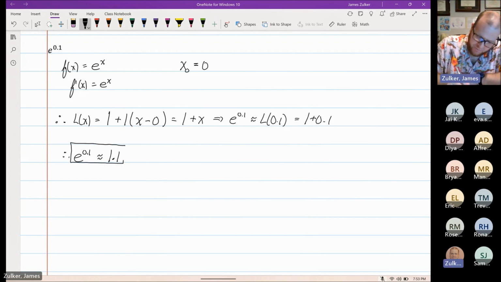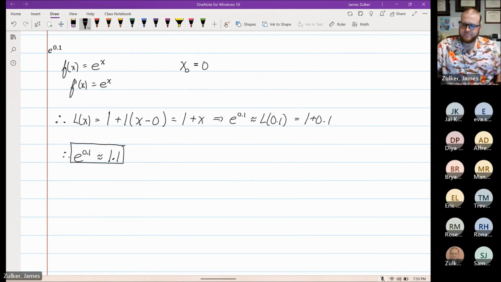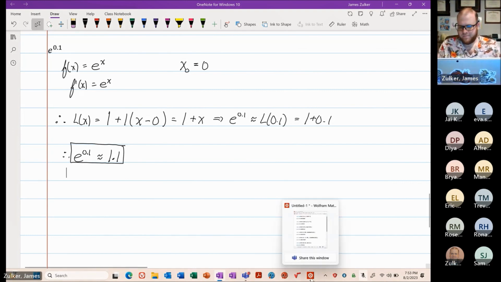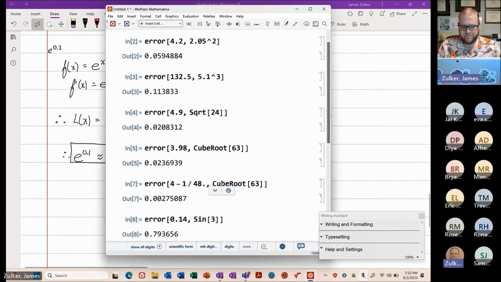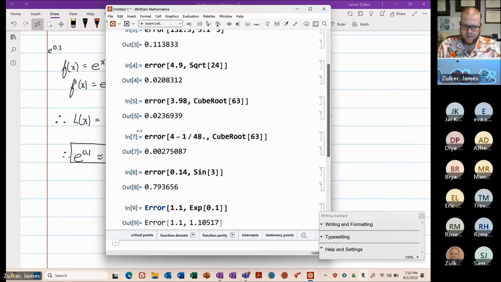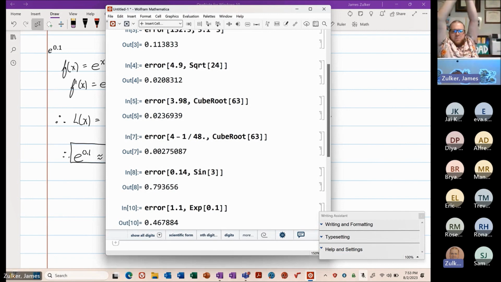And say e to the 0.1 is about 1.1. So about 0.46%, 0.47% error.